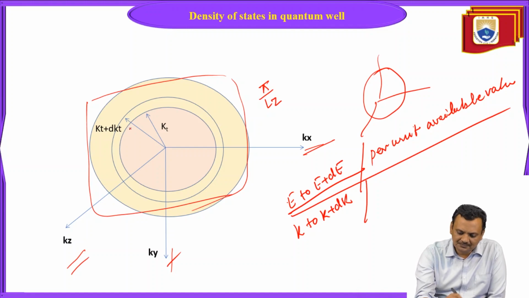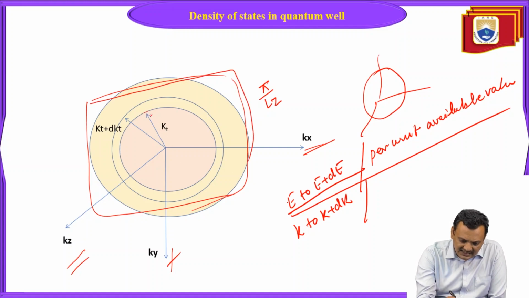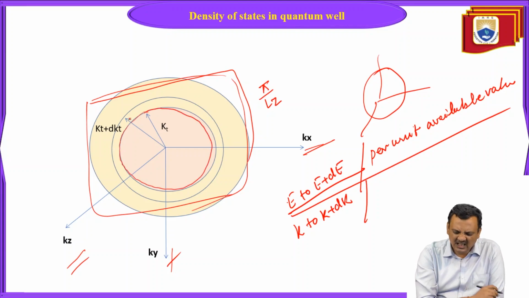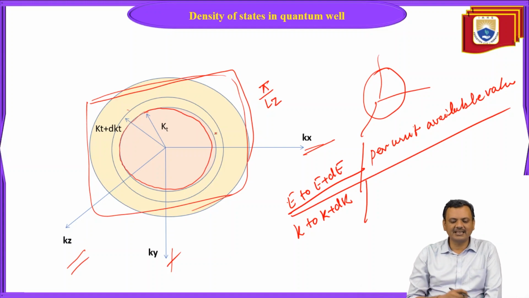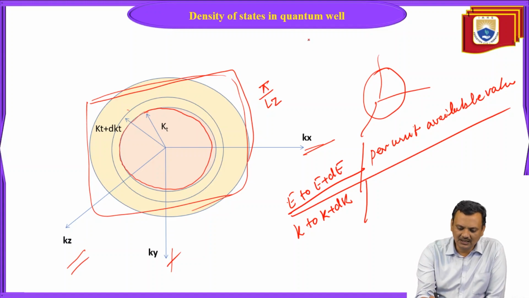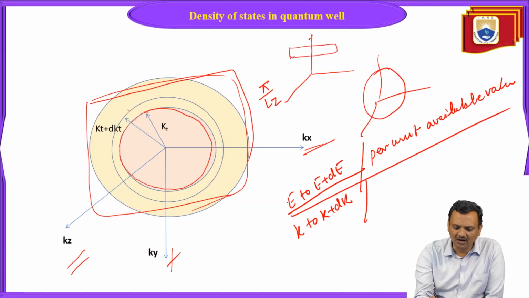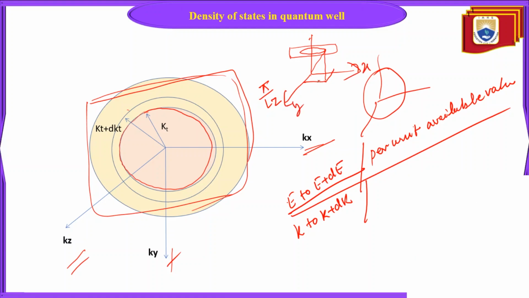Okay, so now suppose in this plane, this first circle is representing the K region. Now this second circle is representing Kt plus dKt. Why? Actually, this is your plane where all the things are happening. Here only X and Y will be changed.